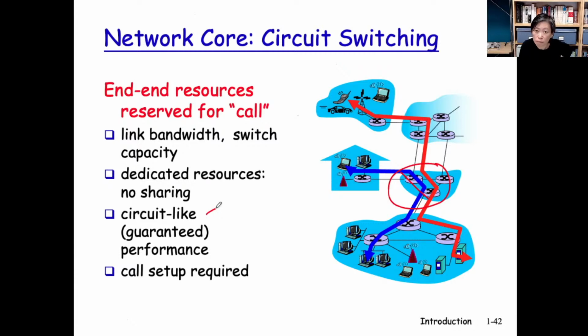Because for certain applications, we do need this type of quality of service. But you see, establishing the red circuit, we need 8 hops, and each hop takes some time to reserve resources. So there's quite a bit of call setup time involved. This is the downside of circuit switching.